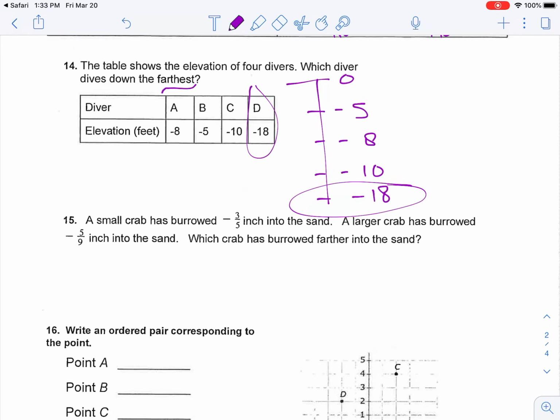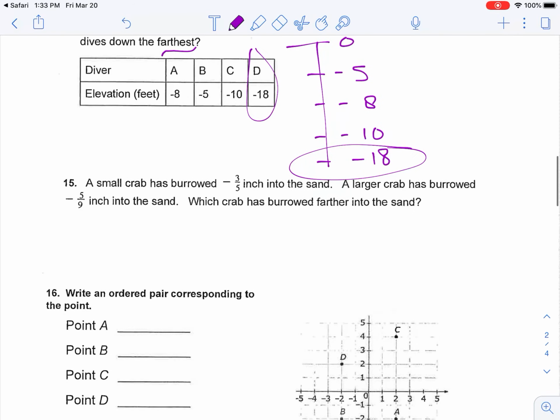Number 15, a small crab burrowed negative 3/5 inch into the sand. A larger crab has burrowed a negative 5/9 inch into the sand. Which crab has burrowed further into the sand, deeper down, which means we're comparing less than or greater than.